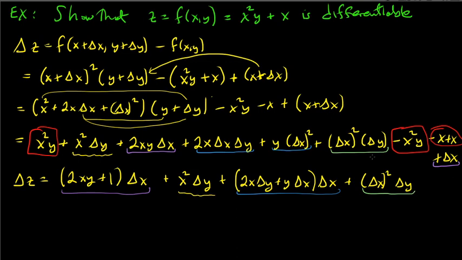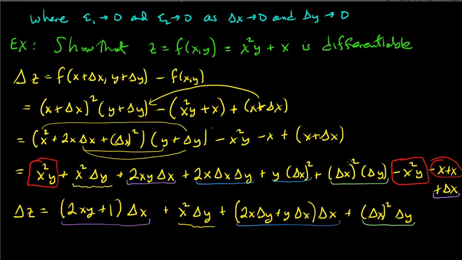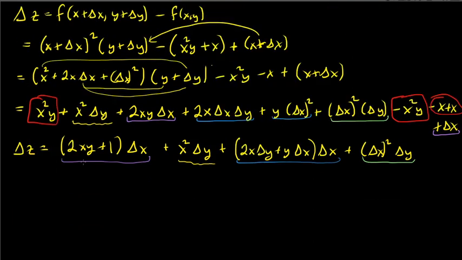And everything I circled in red cancels, right? Okay, I think that should do it. All right, so now, so that's delta z, and now what's dz?